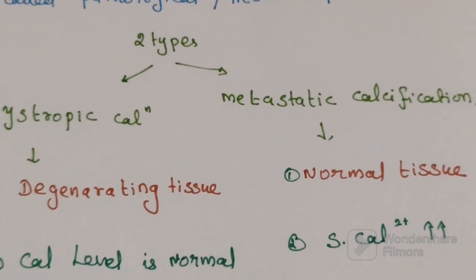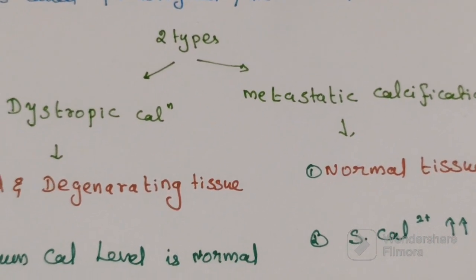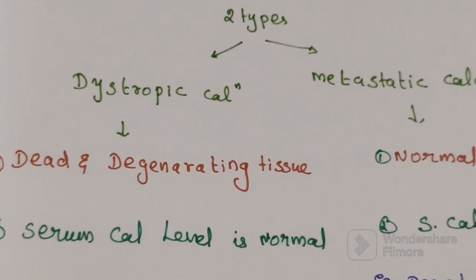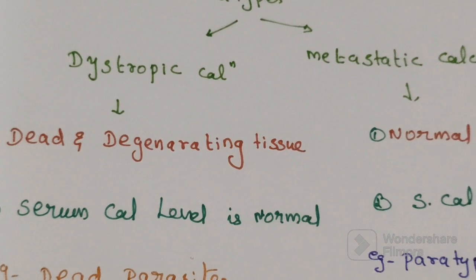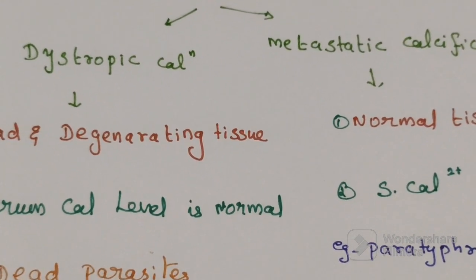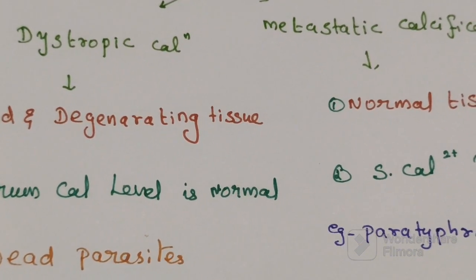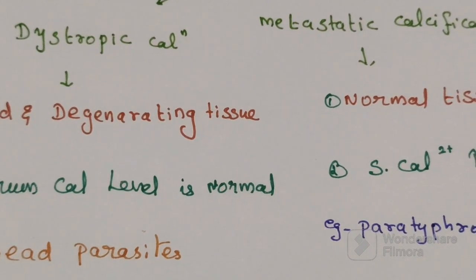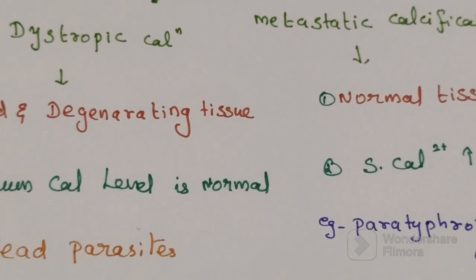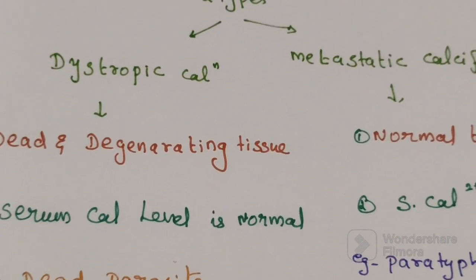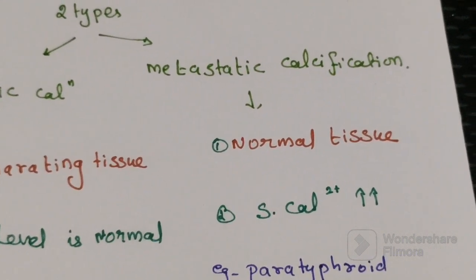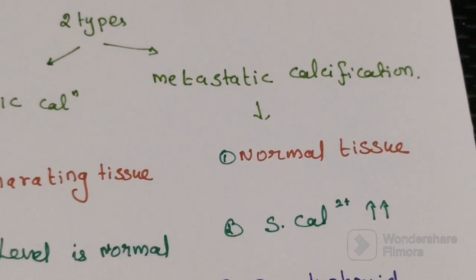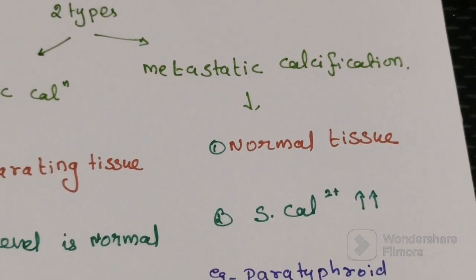Dystrophic calcification happens in dead and degenerating tissue. Opposite to this, metastatic calcification is seen in normal tissue.